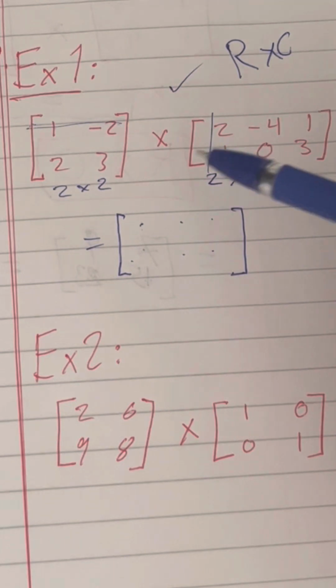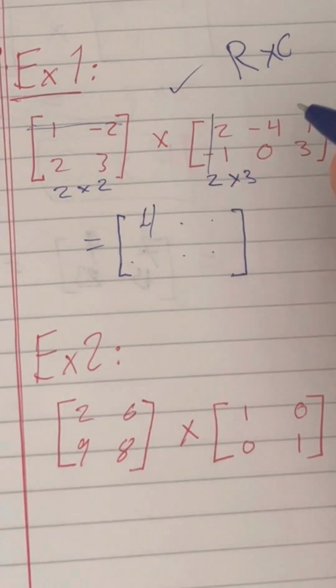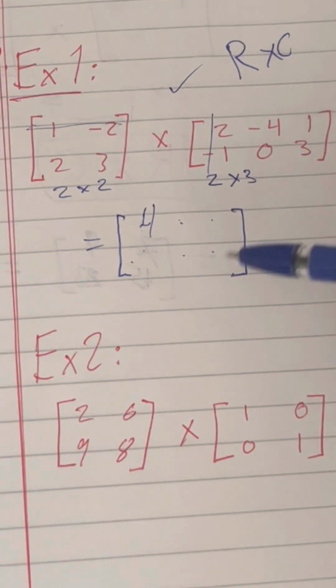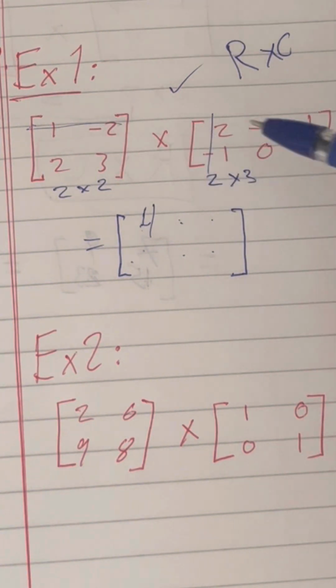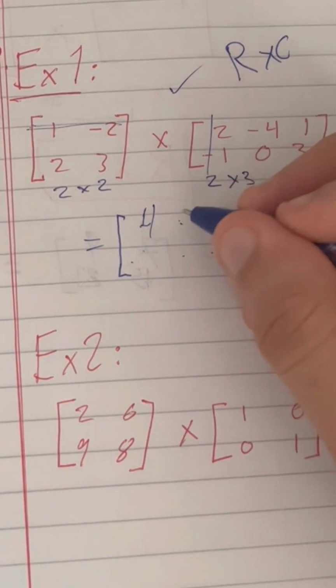Negative 2 times negative 1 is positive 2. So 2 plus 2 is 4. Here we have it in the first row, second column. 1 times negative 4, negative 4. 2 times 0 is 0. Negative 4 plus 0 is negative 4.